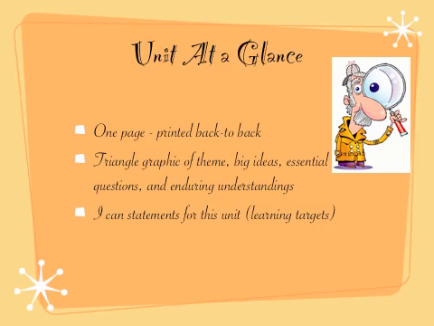Because these maps contain a lot of words, we unanimously agreed that it would be useful to have a one-page at-a-glance document that teachers could use as they are teaching the unit to keep track of the big ideas, enduring understandings, essential questions, and I can statements.